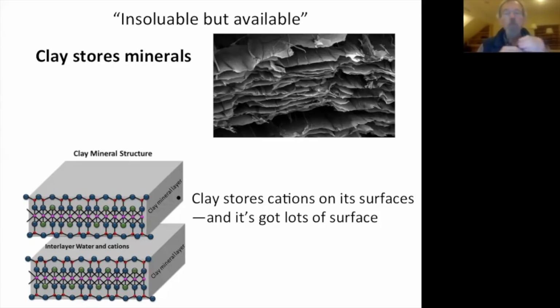And within the sheets themselves, those little green dots and kind of magenta colored dots represent different minerals, cations that are stuck in the middle of the clay, and then also in between those sheets, because there's negative charges sticking out from both sides of the sheets, other cations stick there. So clays hold cations on their surfaces, and as you can see from that photograph, they've got lots of surface.